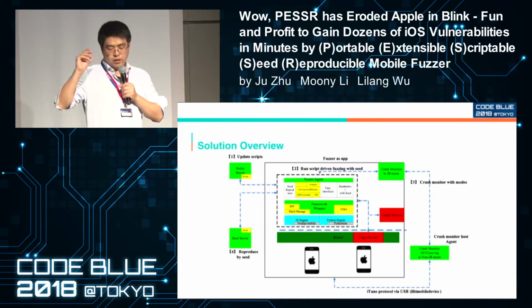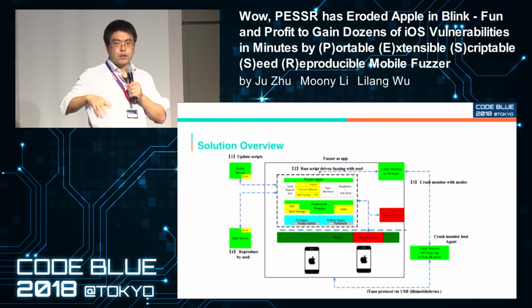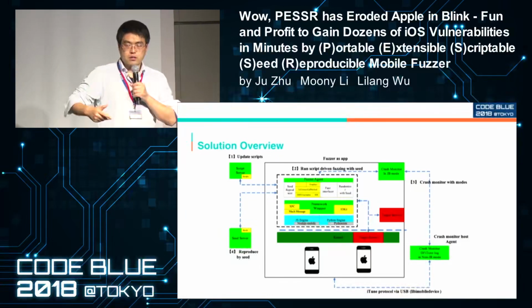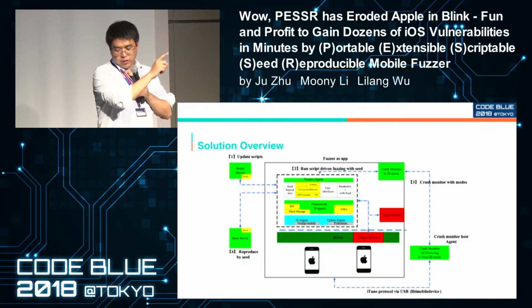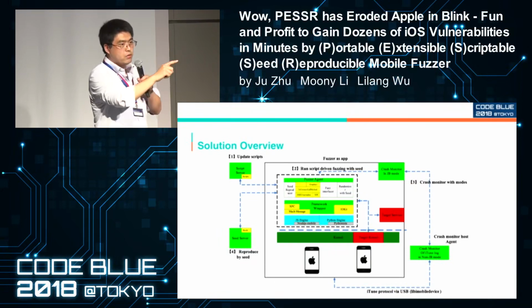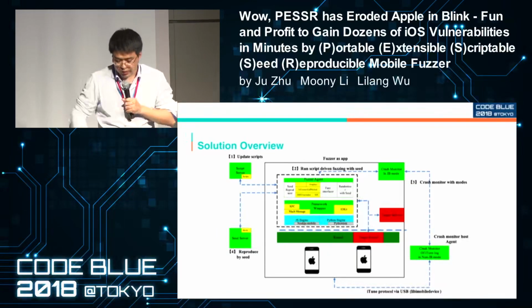And when the fuzz agent runs to call the attack surface, it will first load the fuzzing script or fuzzing scenario from the server and run locally.